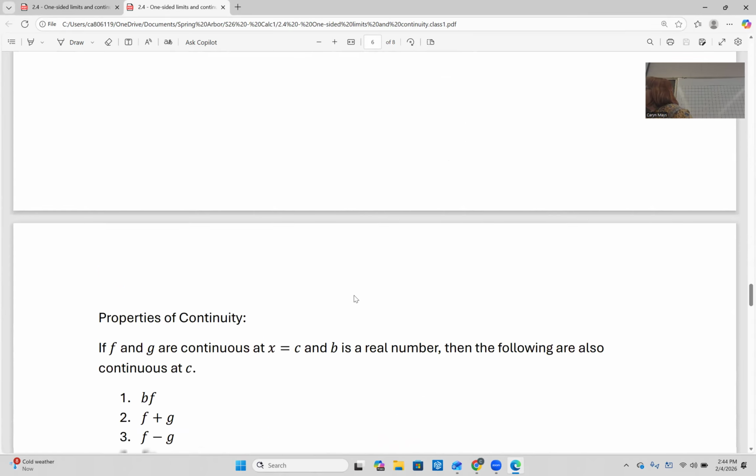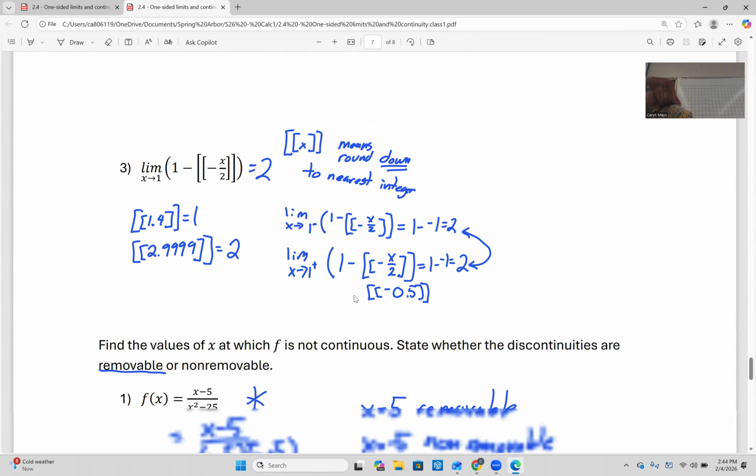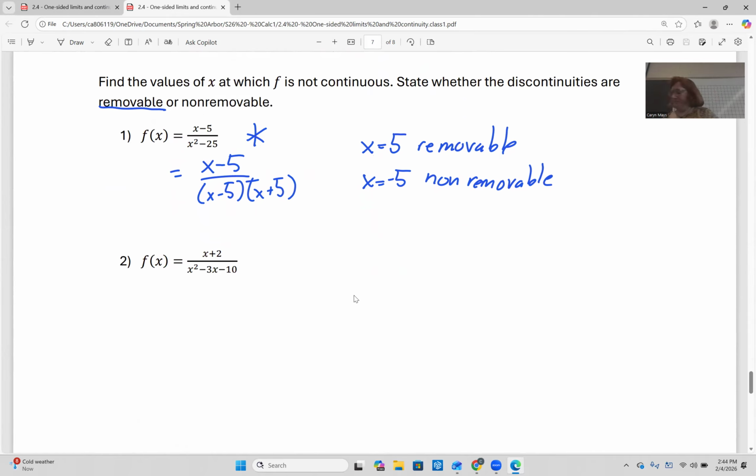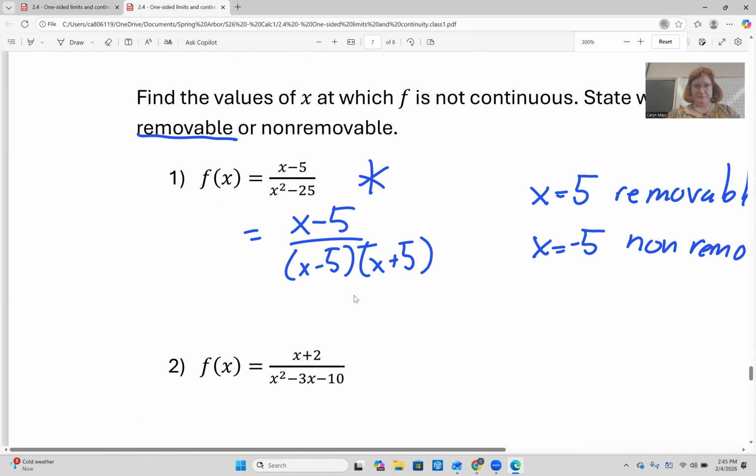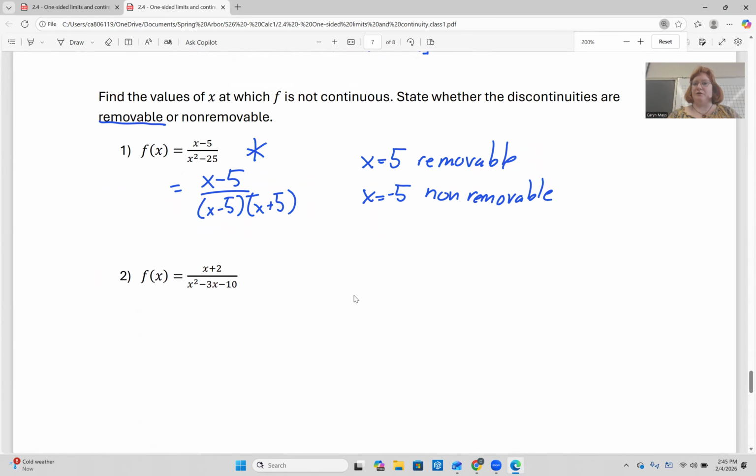And we're down on some example problems. The last being finding the values of x at which f is not continuous, and then stating whether the discontinuities are removable or non-removable.